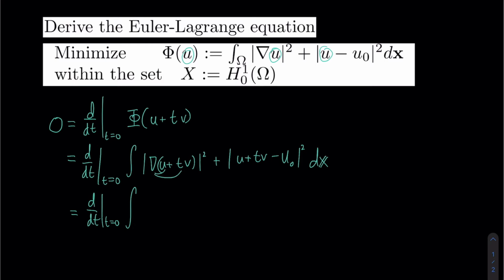So we can distribute it out inside the sum, and we're going to end up with the gradient of u squared plus 2 times t, gradient of u, gradient of v, plus t squared, gradient of v squared. Now, this whole part, this part that I wrote here, is the first part of the sum.